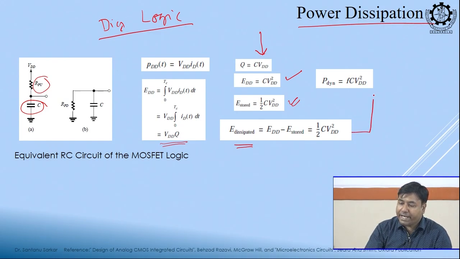So, from this energy, if we want to calculate the total dynamic power, suppose this logic is functioning at a frequency f, that means the switch is transitioning at period T or frequency f, it is switching on and off, right. So, if we multiply this with this energy, we will get the total dynamic power.